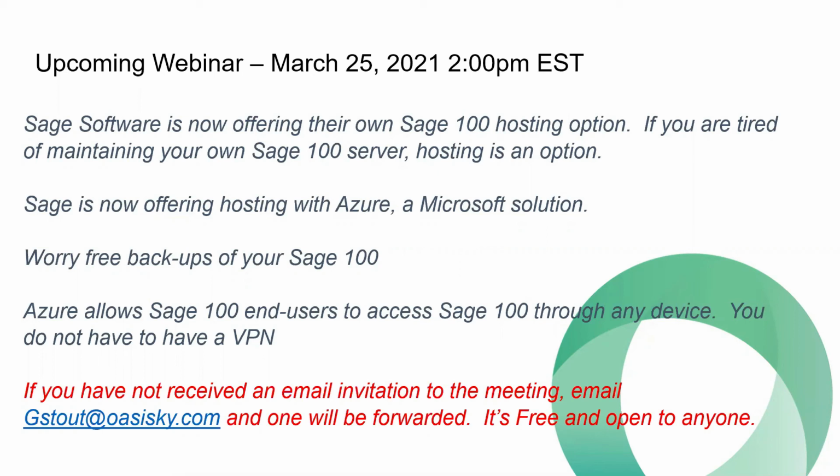And if any of you have had your system compromised with viruses or ransomware or anything like that and found situations where you didn't have a good backup, or your last backup was from a week to a month ago, you know how important it is to not have to worry about getting good backups of your Sage. And also, the Azure platform allows Sage 100 end users to access Sage 100 through any device, so you don't have to have a VPN.